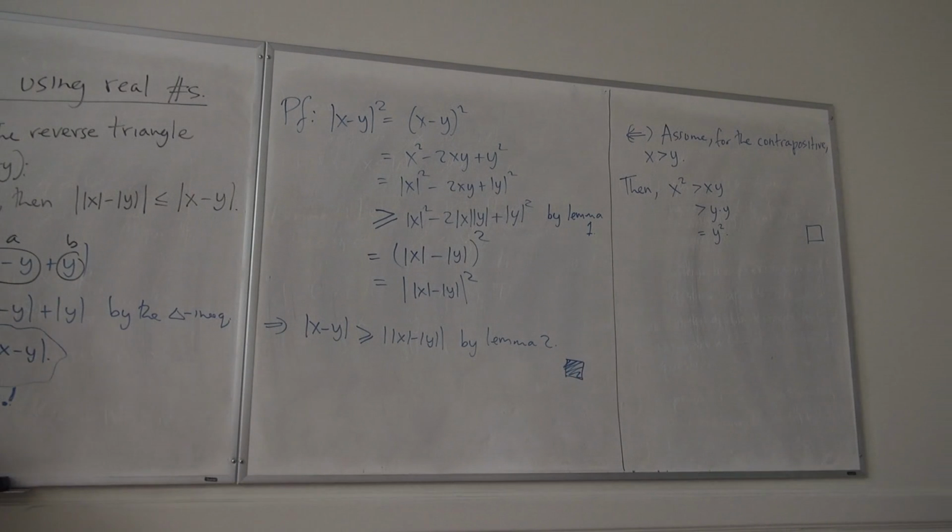The triangle inequality and the reverse triangle inequality are actually pretty important. They show up all the time. This was on the last quiz, I believe. Alright, so we have two more sections to cover.